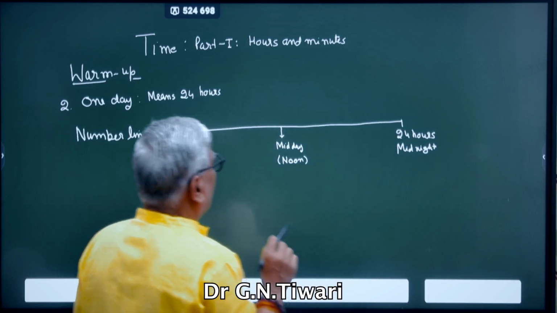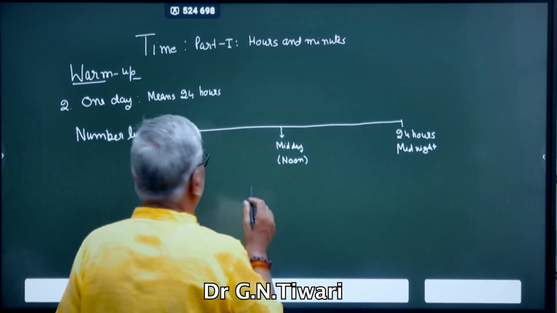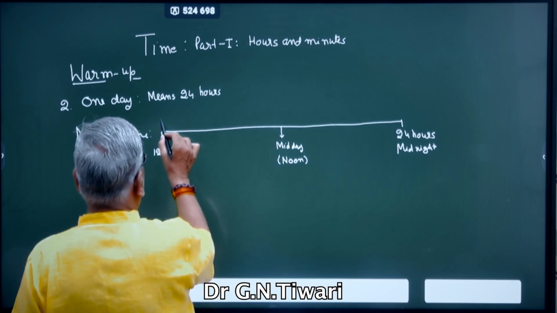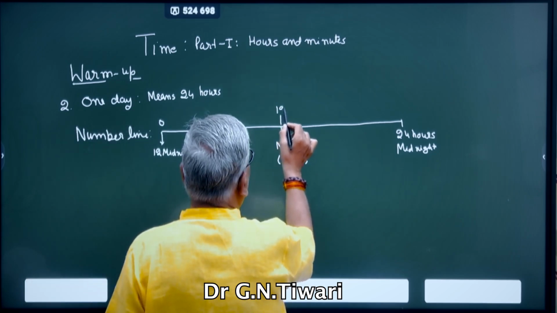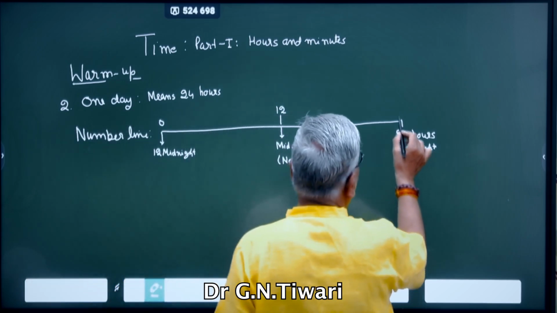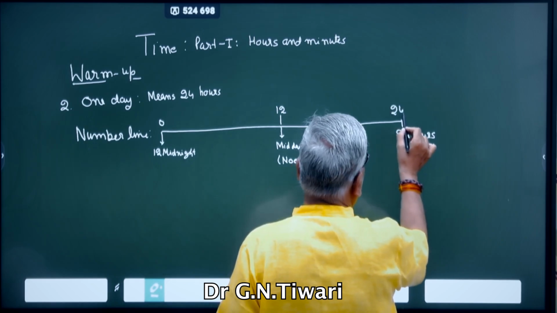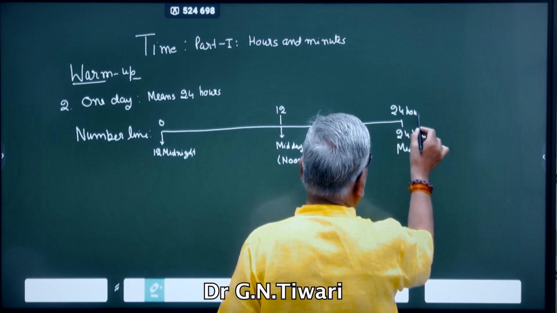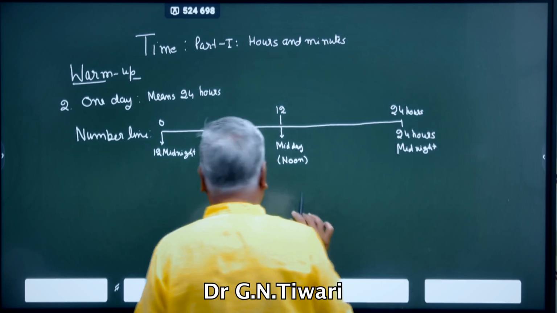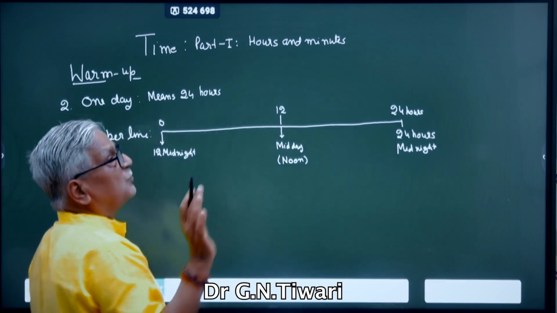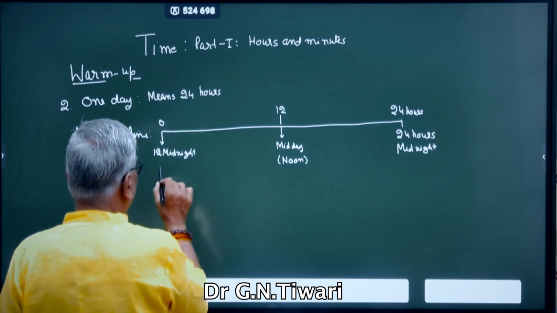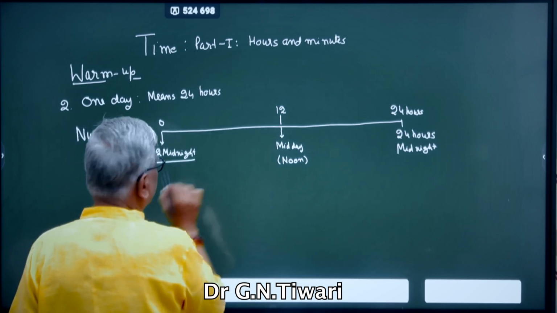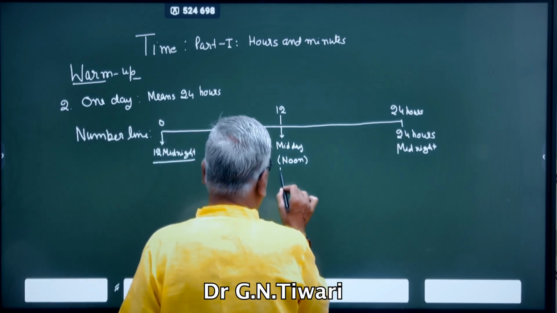But as far as time is concerned, this is 0, this is 12, and this is obviously 24 hours. But in the watch, there is no 24. In the second round, you can have the 24 hours. So in the watch, it is the midnight. This is 12 noon.